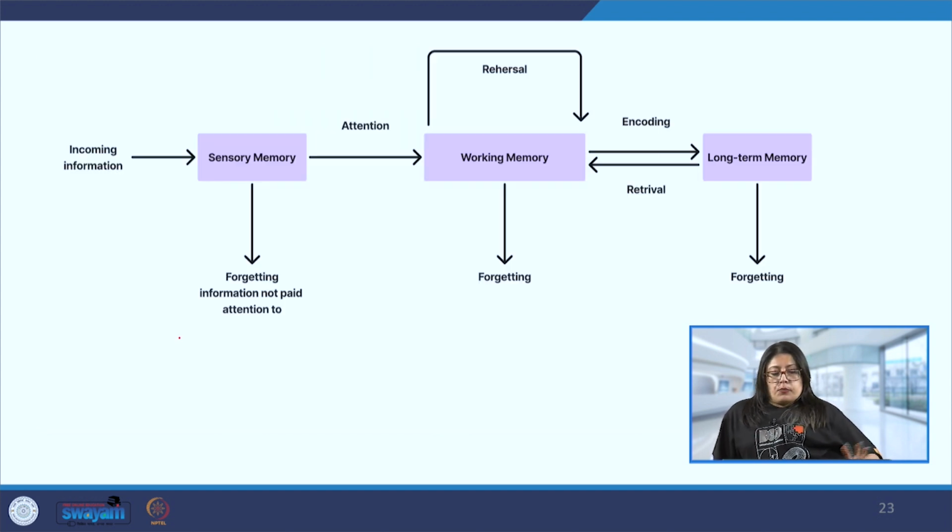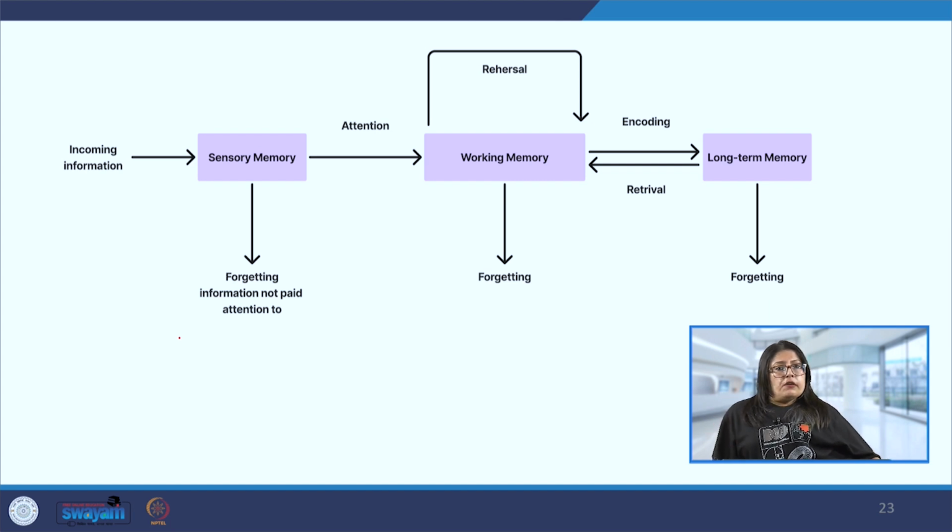Rehearsal is the process of repeating the information over and over again. So, maybe if not every day, once in a while, recalling it, discussing it with family members or friends, so that this information becomes ingrained in our memory.